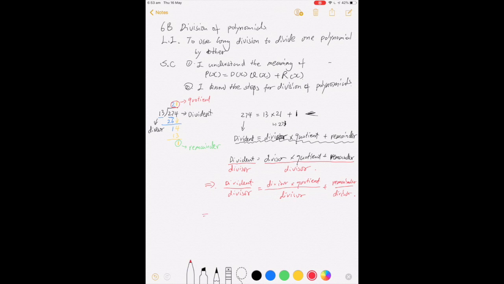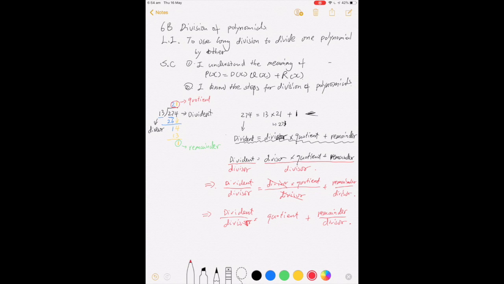Then we can simplify further. Dividend divided by divisor is equal to, the divisor and divisor cancel out, and I only have quotient plus remainder over divisor.